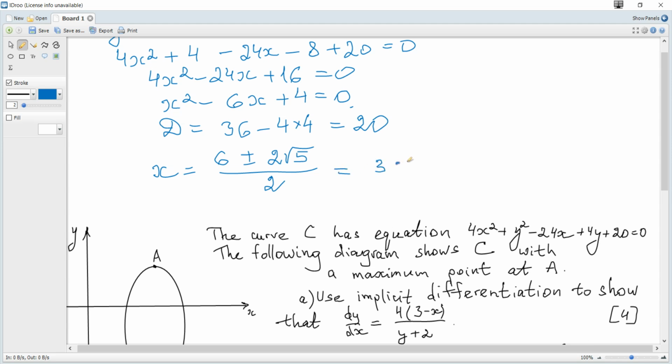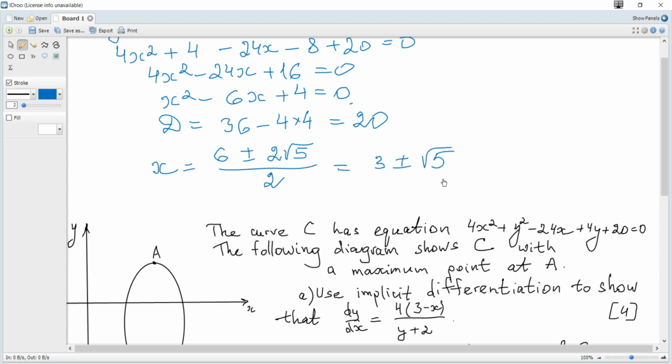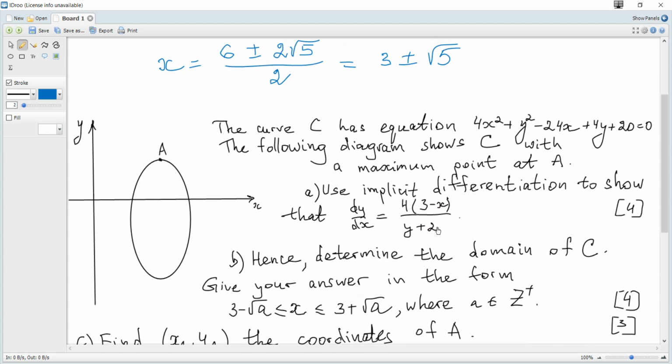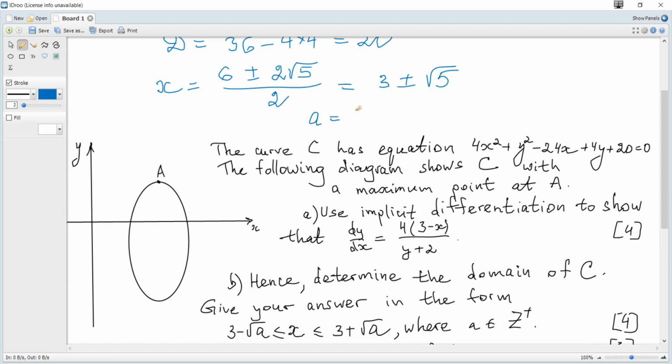So it becomes 3 plus or minus root of 5, and we can see that a is a positive integer, so a is 5.